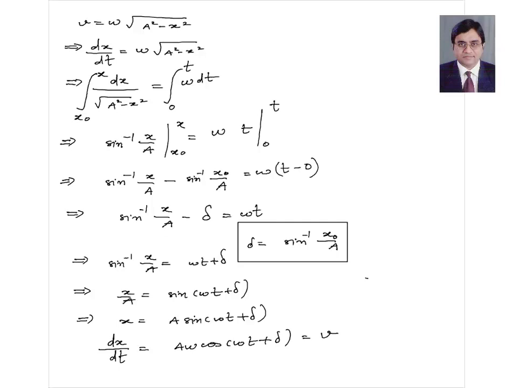It has to do with the t equal to 0 situation. When you press the stopwatch, where was the particle? Not only where was it, in which direction was it going also is important. Where was it and in which direction was it going? Delta has the answers to these questions.